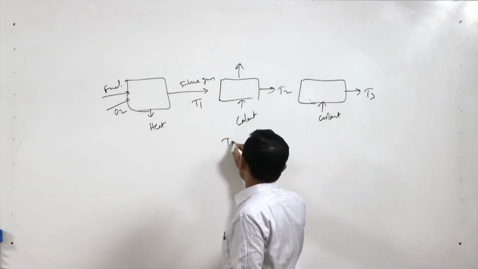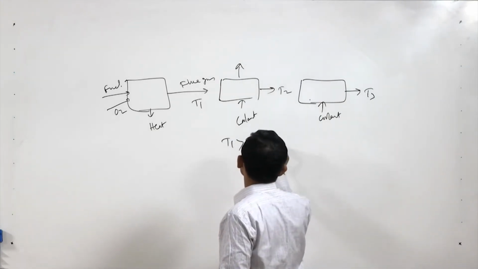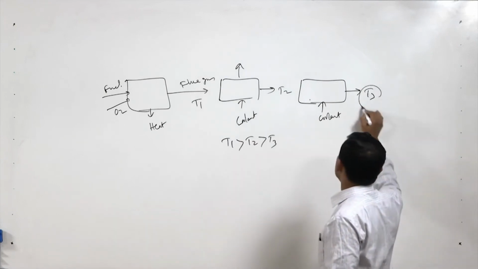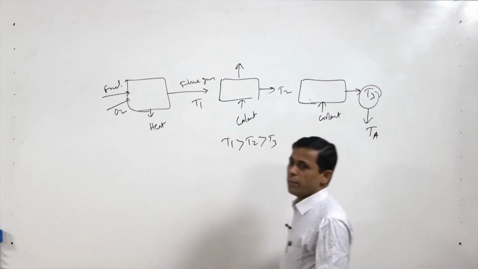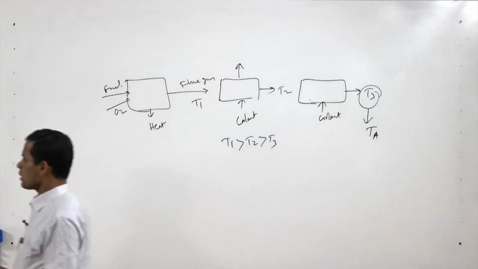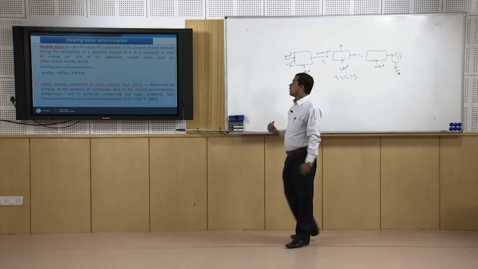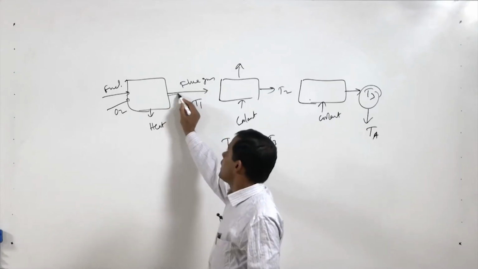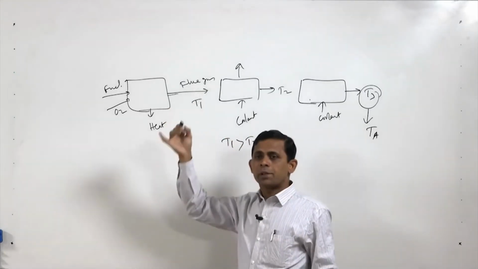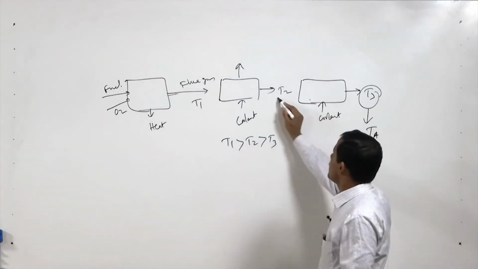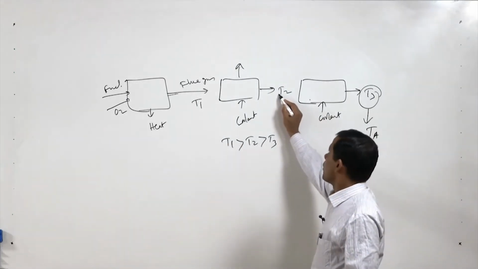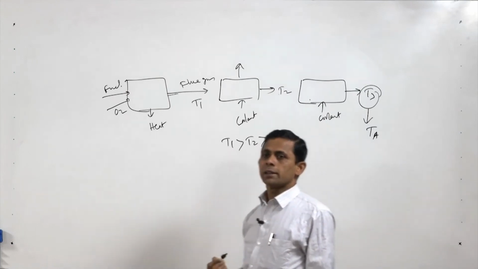Now obviously T1 is greater than T2 is greater than T3, and ultimately that T3 will reach to TA, that is ambient temperature. So the amount of heat which we are getting from the flue gas after combustion will vary up to which extent we are considering the cooling of the flue gas.